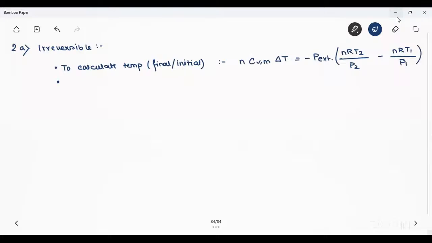And to calculate the work done, what formula are you going to use? See, if the temperature is already given, T2 and T1 both mentioned in the question, you will use this formula for reversible.